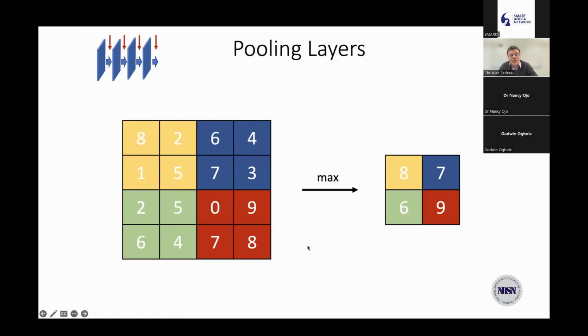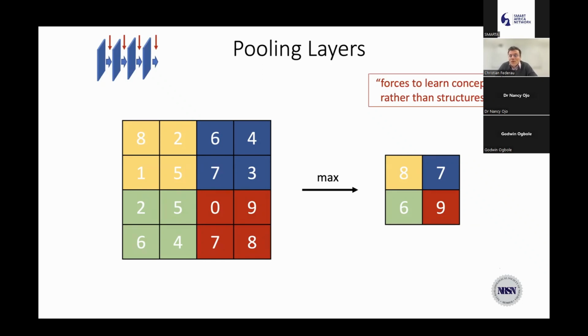The third really important part between the layers is the pooling layers. So basically what happens here is that you try to reduce the dimension of your feature maps. And why is that?